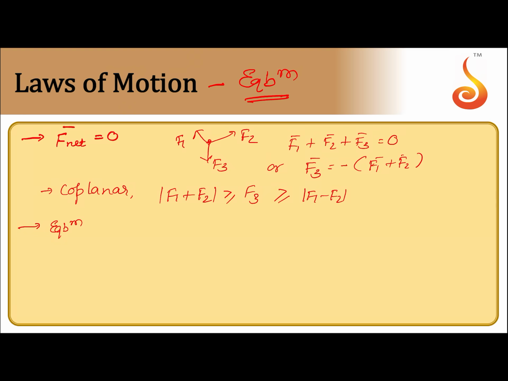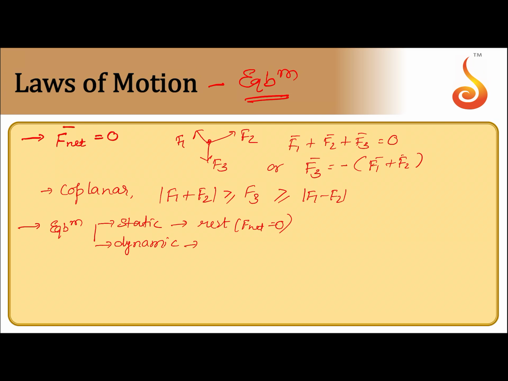Now, when we say equilibrium, remember it generally refers to two cases. One is static equilibrium and the second is dynamic equilibrium. What is the meaning of static equilibrium? Static equilibrium means the object is at rest. Net force is 0, and not only is net force 0, the object is not moving.